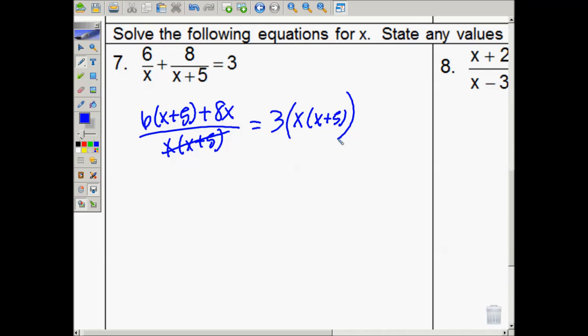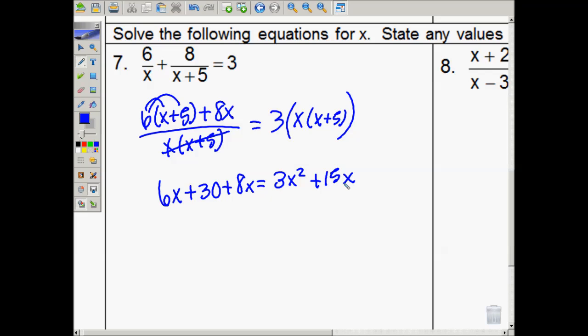So I'm going to multiply this whole side by x times x plus 5. Now I'm just going to simplify. So 6 times x is 6x, 6 times 5 is 30, plus 8x. Over here I have 3x times x is 3x squared, and 3x times 5 is 15x. So I double distribute. Because now I went from being in this format to now being in this format.